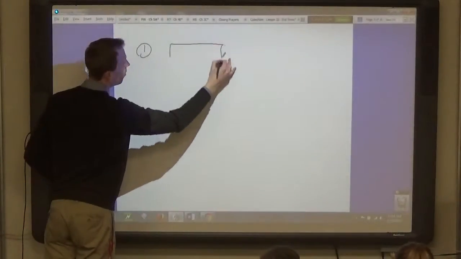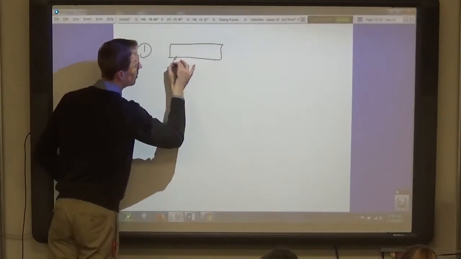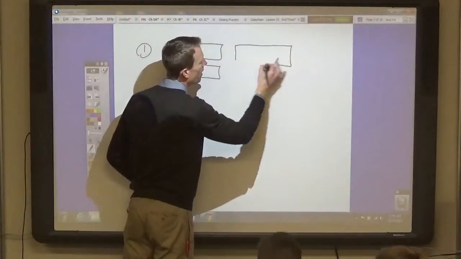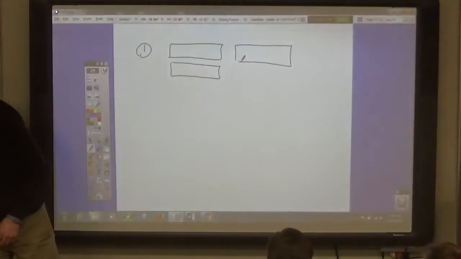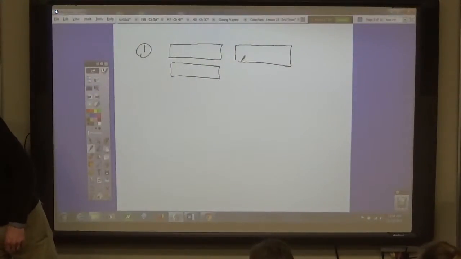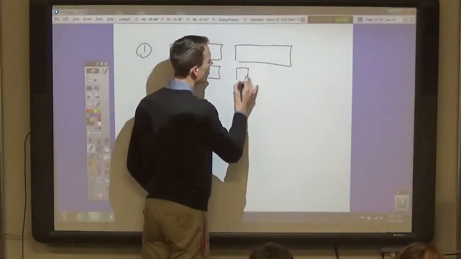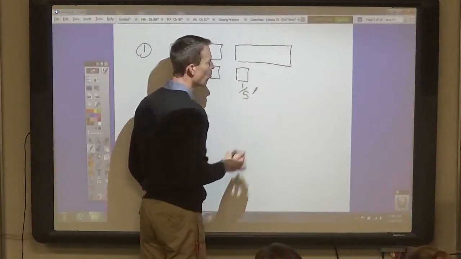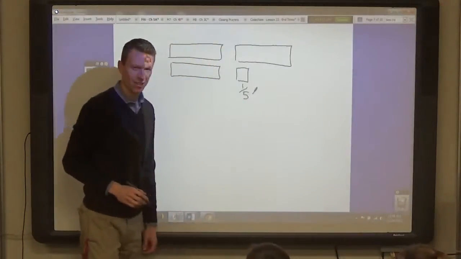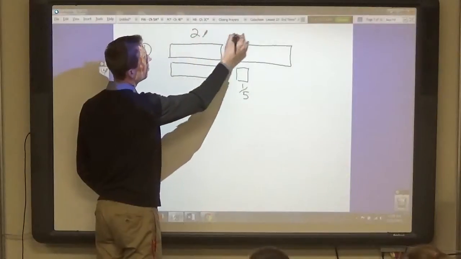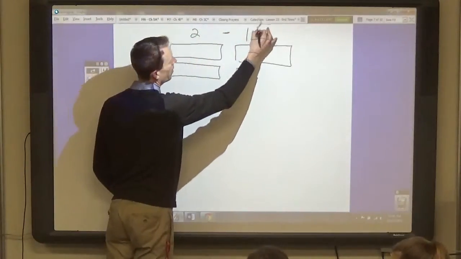So they draw the wholes, and then they draw right next to it 1 and 1/5, but they drew all the fifths. We only need one of them, don't we? Because the problem is 2 minus 1 and 1/5.